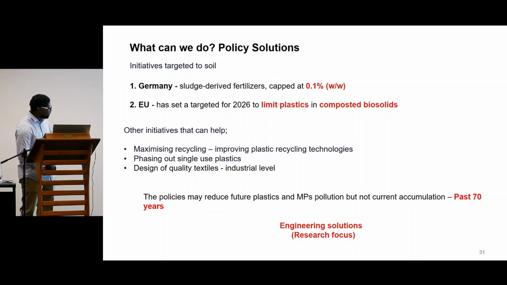The other thing we can do is redesign our clothing to be more resilient to the washing machine process, so that it does not disintegrate easily. Although these policies could contribute to reducing future plastic pollution, they do not deal with the current accumulation that we have from the past 70 years.